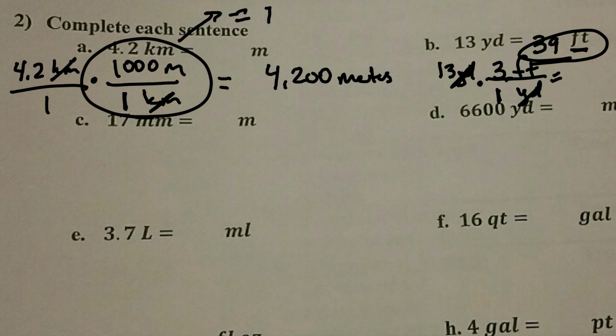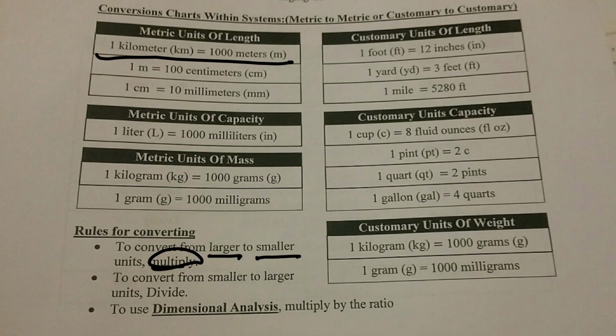17 millimeters. Now you could remember that 17 millimeters is smaller compared to meters, so you could divide. Or, like I said, I'm going to put 17 millimeters right here. I know I'm going to multiply, and I want millimeters on the bottom. I want to end up with meters, so I put meters on the top. And then I look at my little chart that compares meters and millimeters.